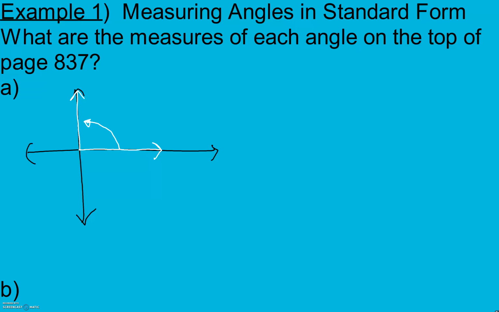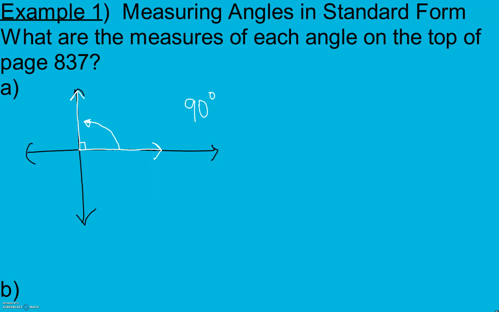It's counterclockwise, so it's positive, and it's going to be 90 degrees. It makes a right angle here. Remember that a full circle is 360, and that is 1/4 of it, which is 90 degrees.